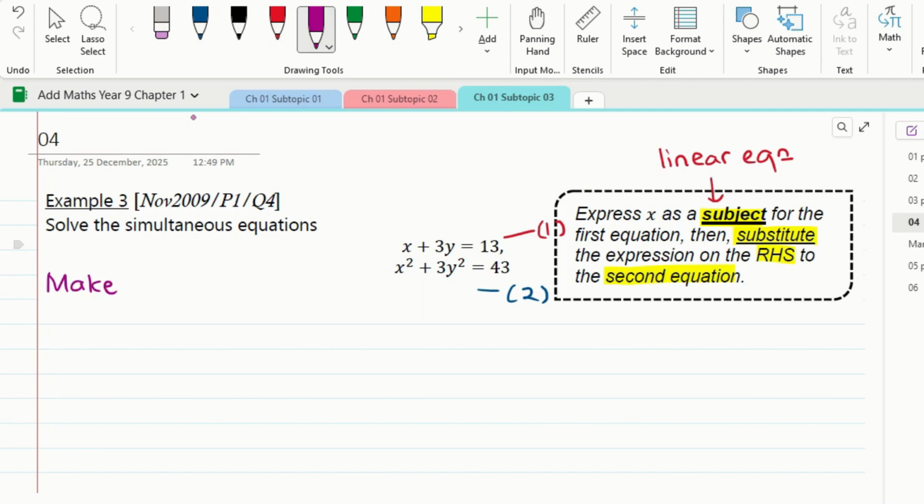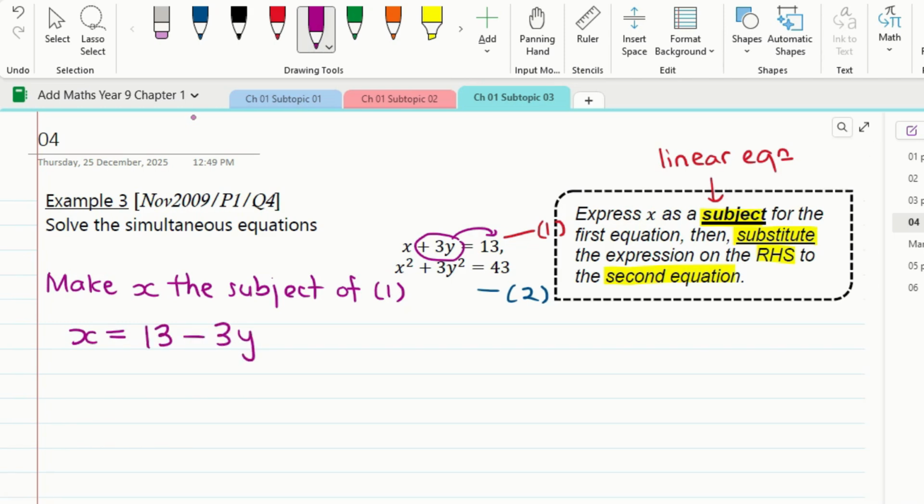You can just write down the sentence, or this is optional: make x the subject of equation number 1, or just write down 1. Which means you isolate x and move 3y to the right hand side. So you will have x equals 13 minus 3y, and let's call it equation number 3.